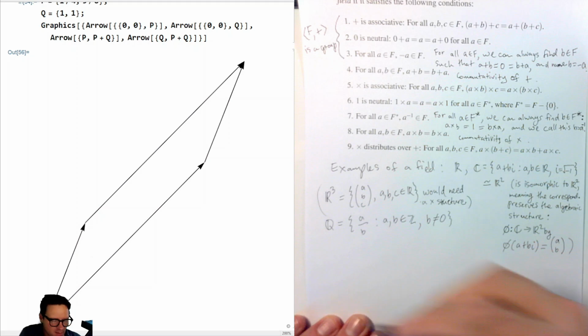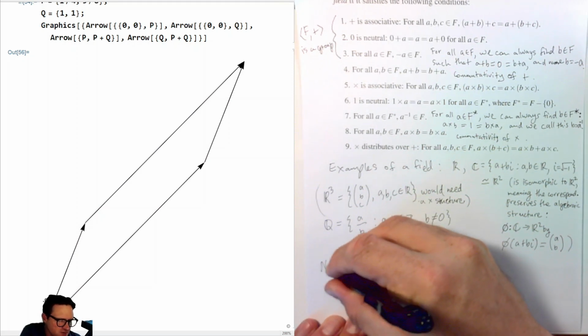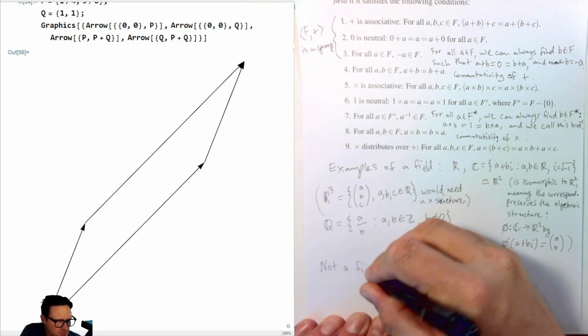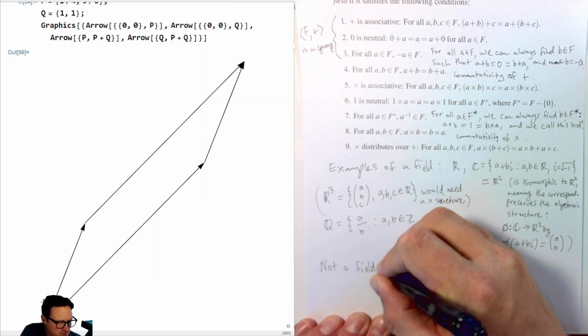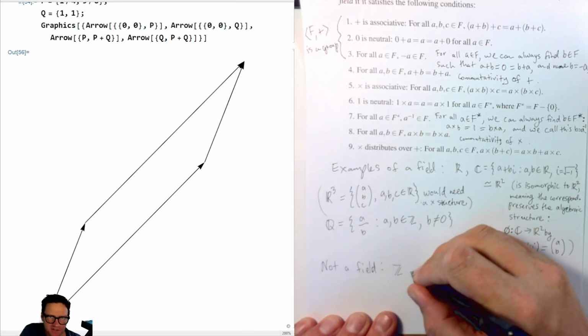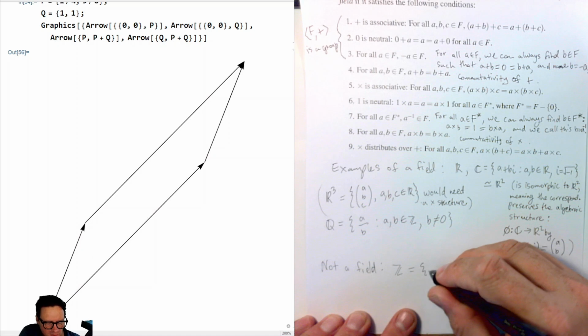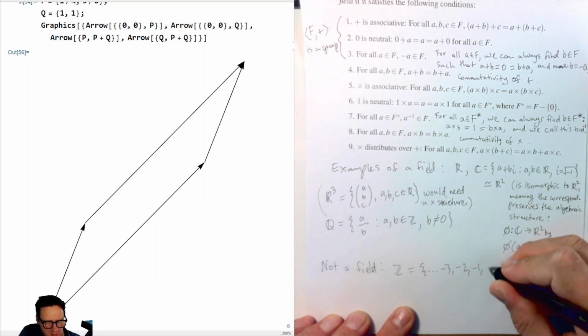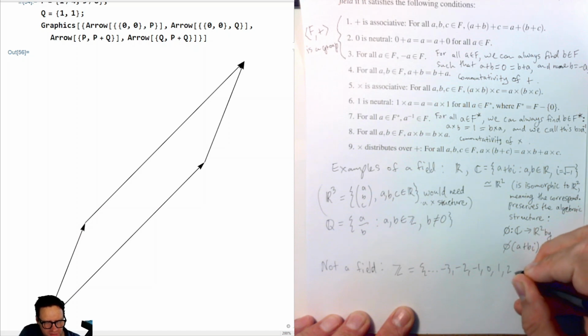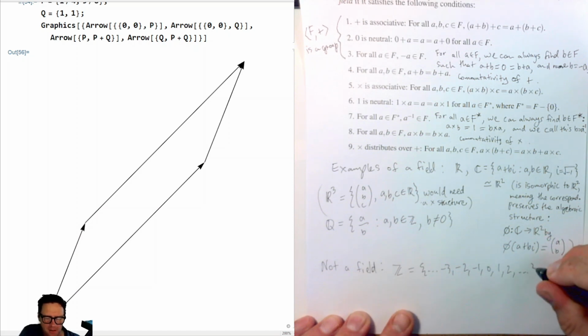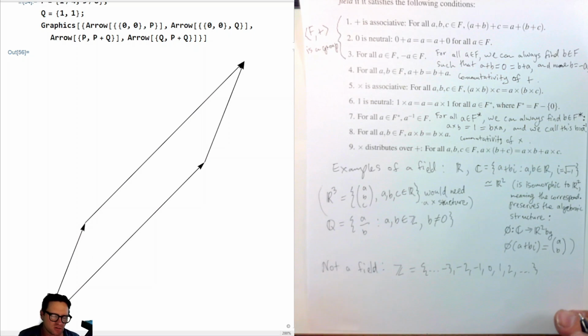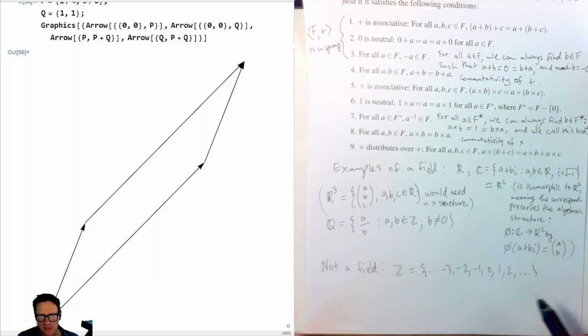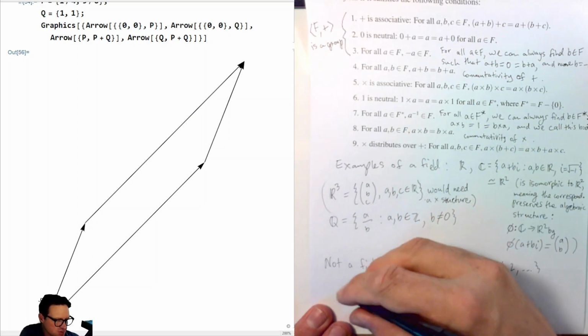Okay, so examples of not a field. So what is not a field? Set of integers, not a field. So dot dot dot, -3, -2, -1, 0, 1, 2, 3, and so on. And why is this not a field? Well, you just take an arbitrary element, say 2.